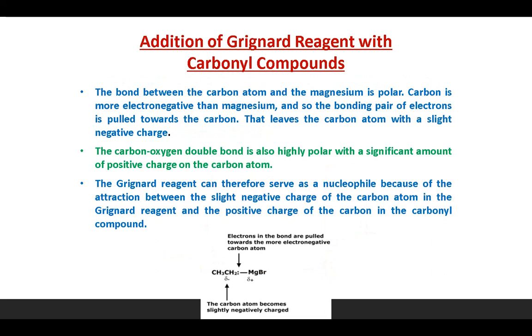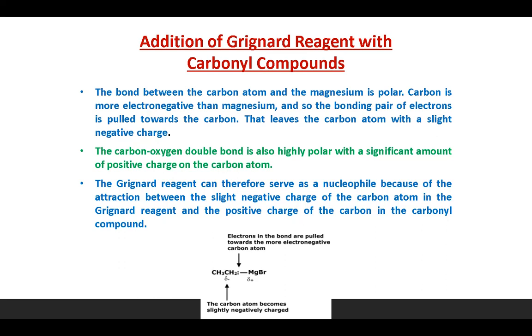Addition of Grignard reagent with carbonyl compounds. Organomagnesium compounds are frequently called Grignard reagents after their discoverer. They are an important class of extremely reactive chemical compounds, which are used in the synthesis of hydrocarbons, alcohols, carboxylic acids, and other compounds.